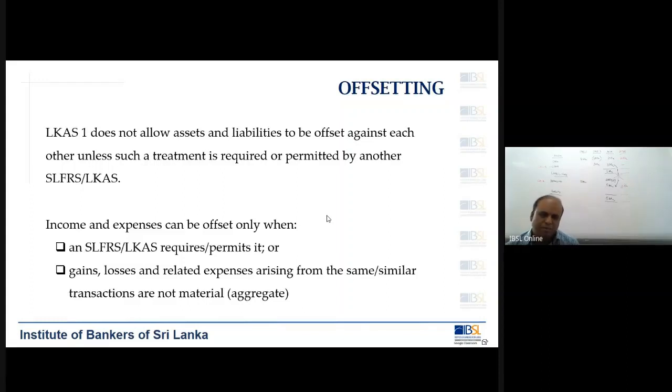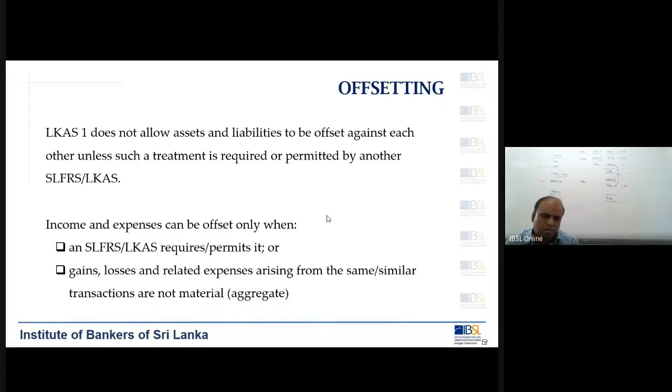Say for example, let's look at disposal of fixed assets. When you look at disposal of fixed assets, let's say you have 5 types of assets. Out of these 5 types of assets, in 3 assets you get a profit. In 2 assets you get a loss. So what do you do? You can set off the profit and loss together.